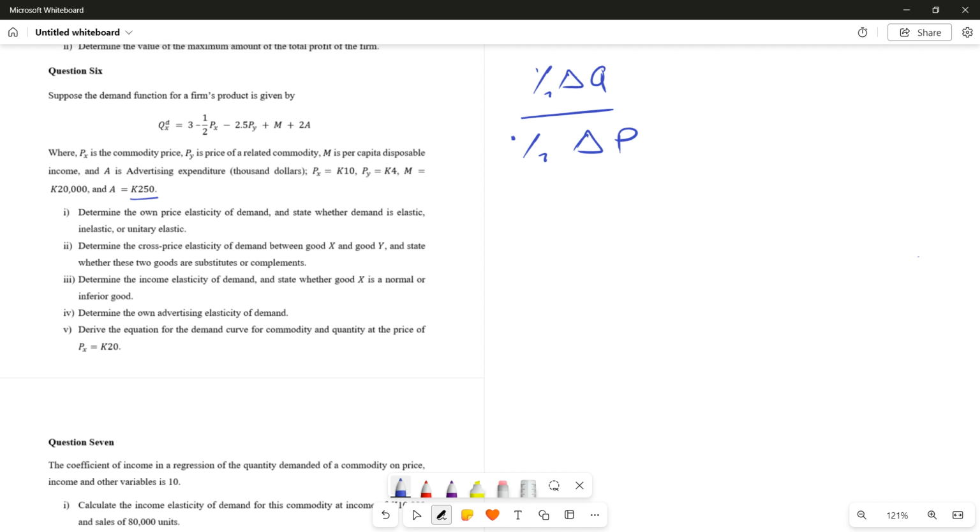Now in our case here, the question is saying determine the own price elasticity of demand. Now listen to this. If you want to find the own price elasticity of demand given a question like this one, I think last time we discussed up to differentiating.